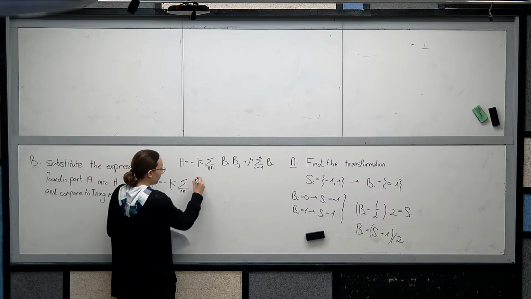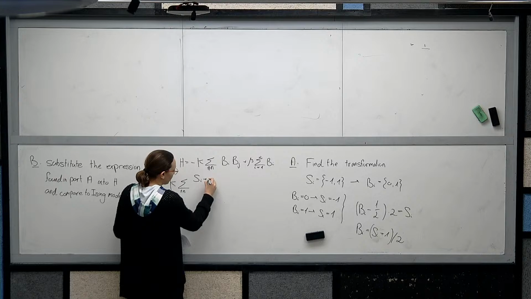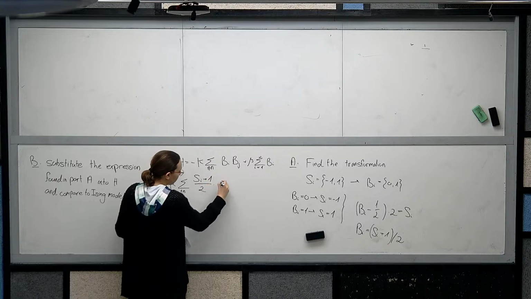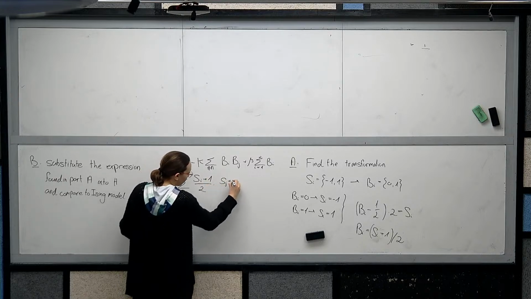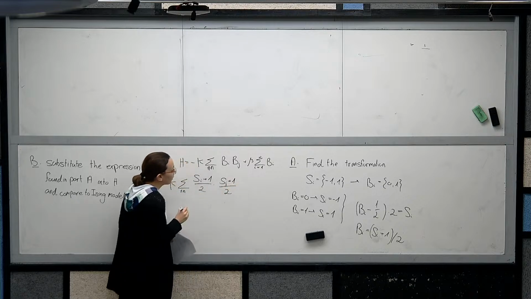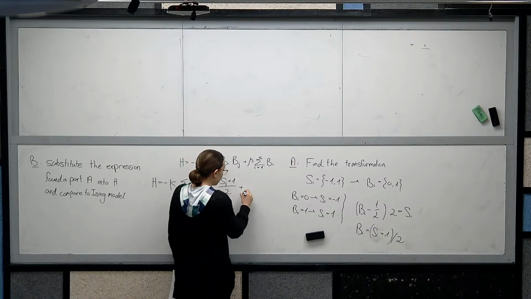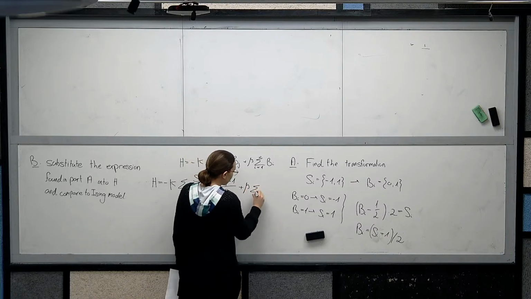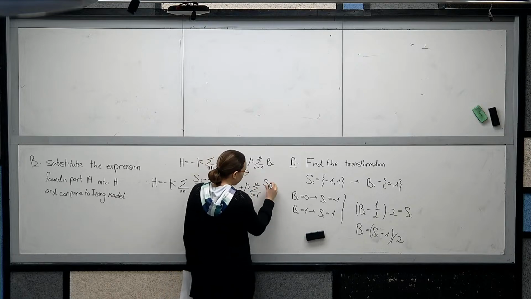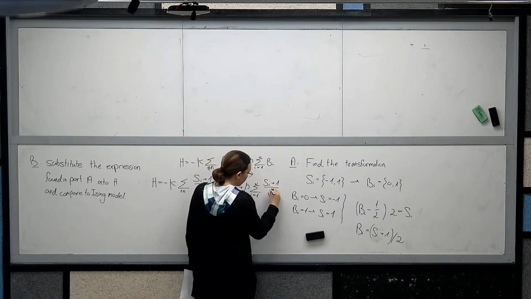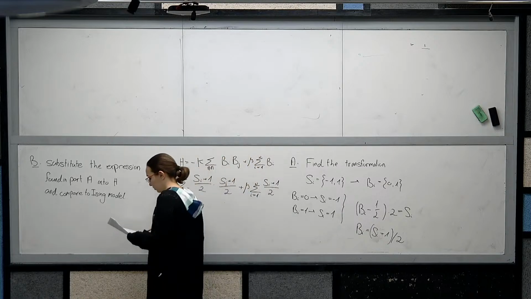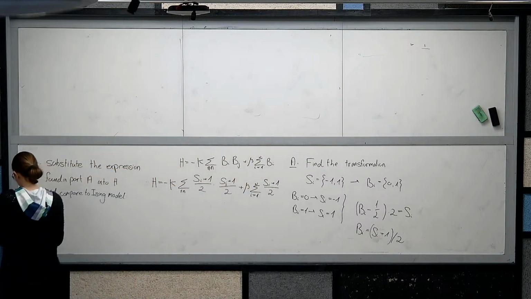So we have (Si+1)/2 times (Sj+1)/2, and okay, we have this standalone summation, from i equals 1 to n of (Si+1)/2.